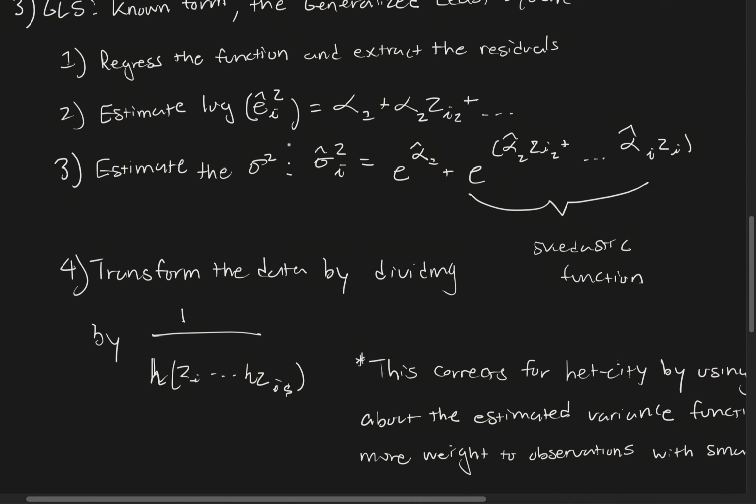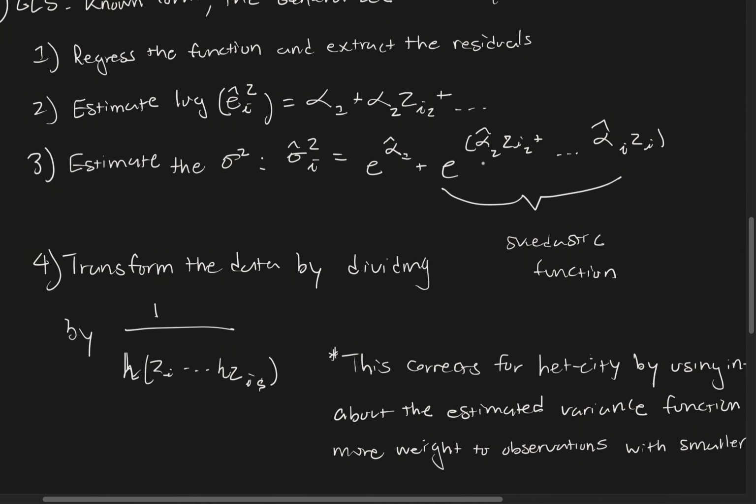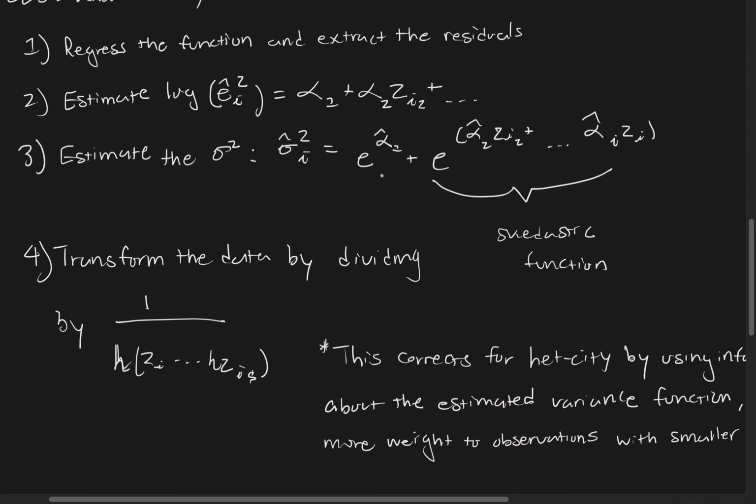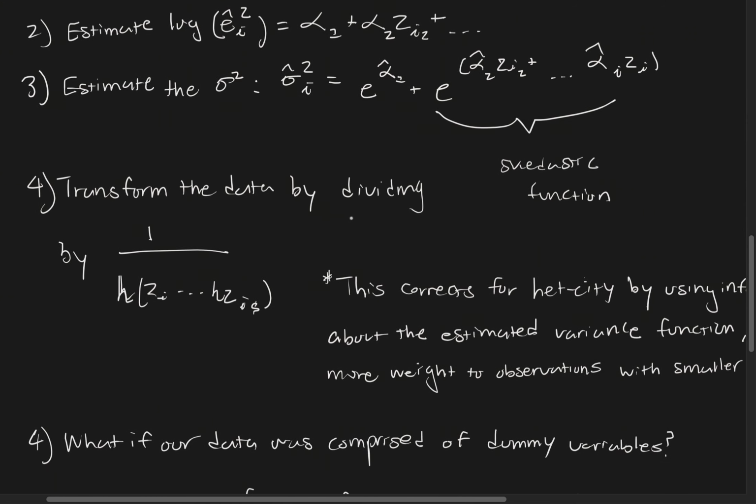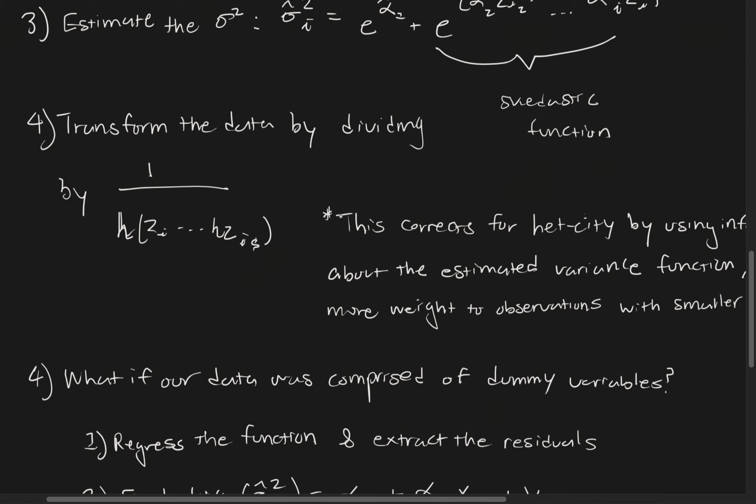Because we log it, we have to unlog it, so on the right side of the equation we have to exponentiate. This is how we obtain the skedastic function. The intercept is not part of the skedastic function because it's not included in the error. Finally, we transform the data by, again, dividing by the skedastic function.